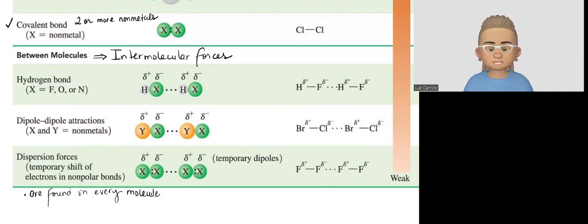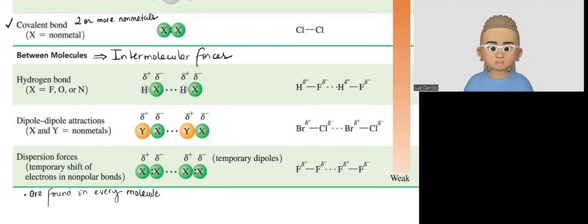A force that is present in molecules that have a permanent dipole, like polar molecules, those forces are called dipole-dipole attractions. And here we are representing that this dipole-dipole attraction we're going to have in a system that is covalent. And we can observe that X and Y are going to represent nonmetals.